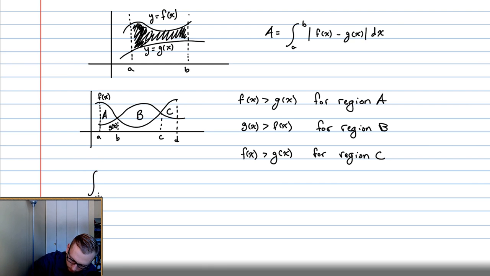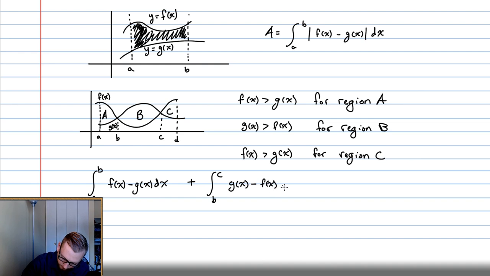So we'd have the integral from a to b of f of x minus g of x, plus the integral from b to c of g of x minus f of x dx, and then plus c to d of f of x minus g of x. And that would give us our full area of these regions A, B, and C. Okay.